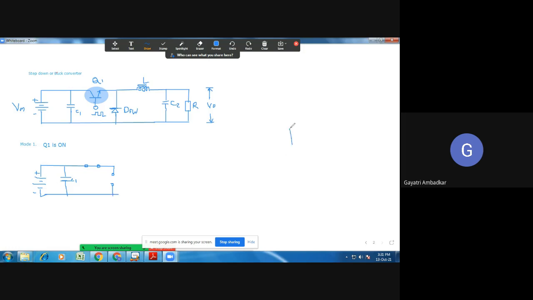What happened? This is a diode. Is it forward biased or reverse biased? Tell me. Case 1 and case 2. Which is a forward bias condition, which is a reverse bias condition?